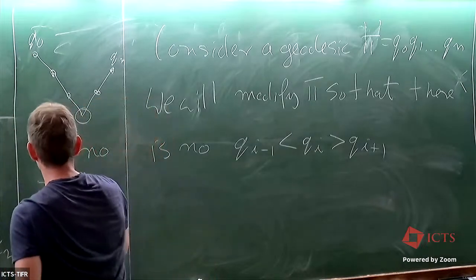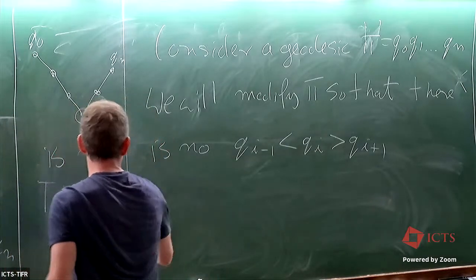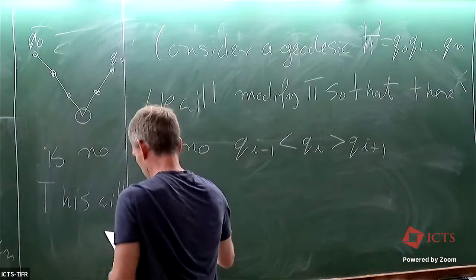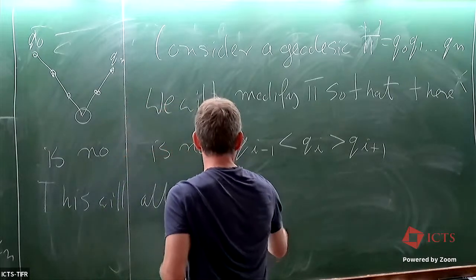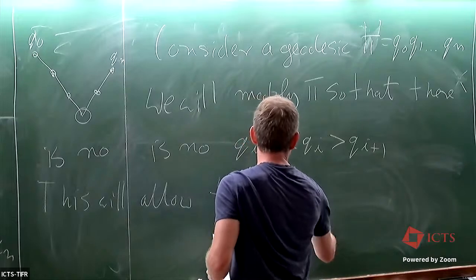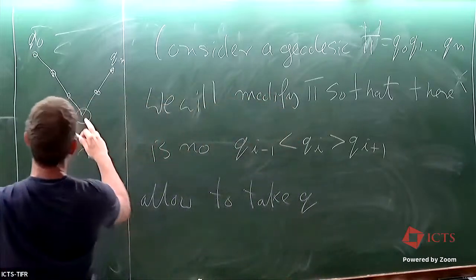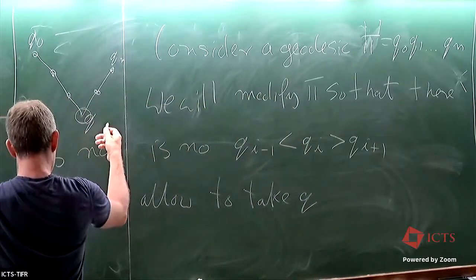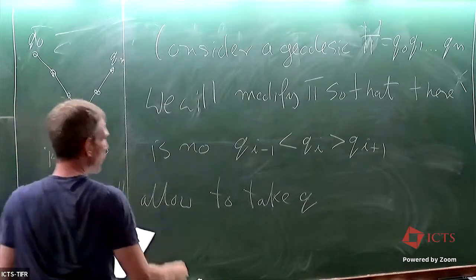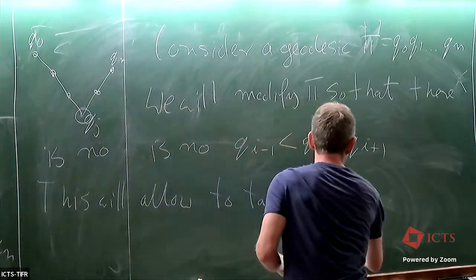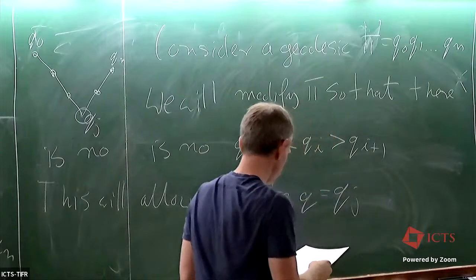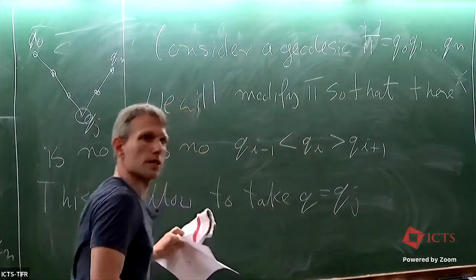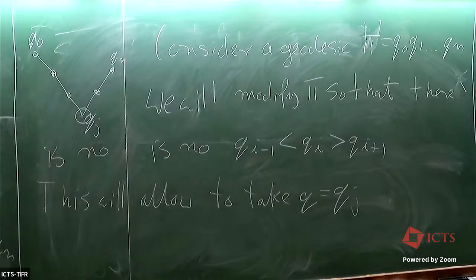So this will allow us to take for our lower bound Q some Qj. Okay, so this is a strategy. And now I need to tell you how to eliminate those mountains here.